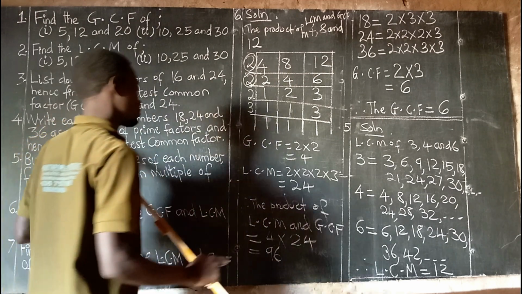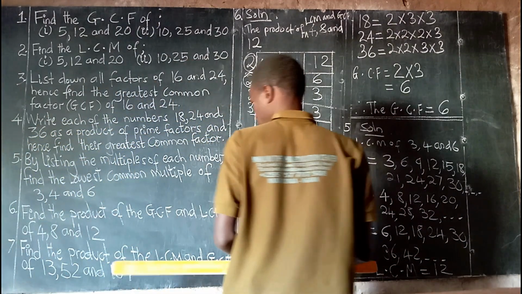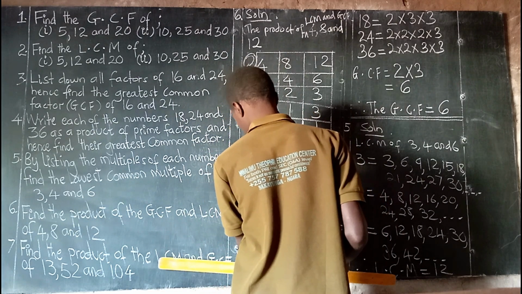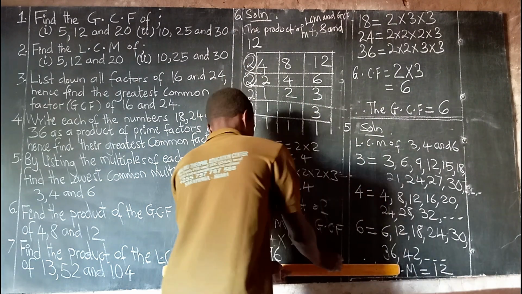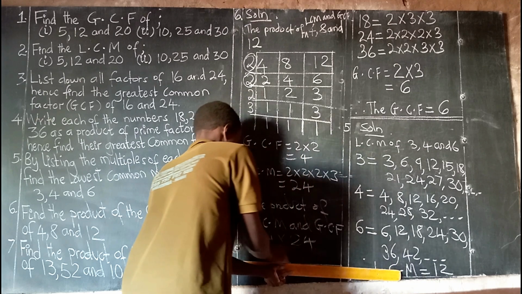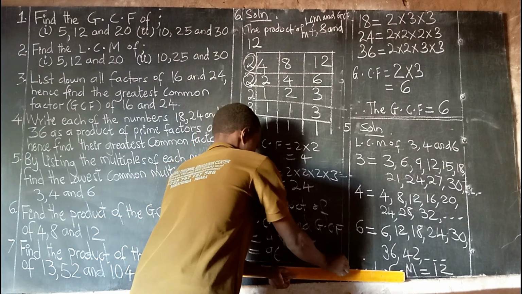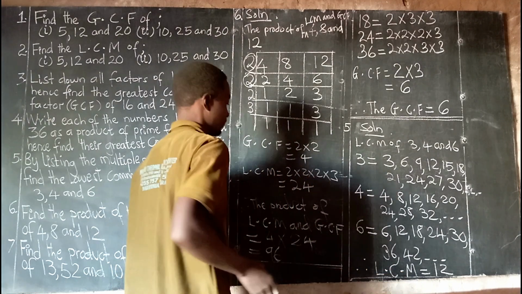So the product of the GCF and LCM for 4, 8, and 12 will be 96. 96, as you can see. 96 will be the answer.